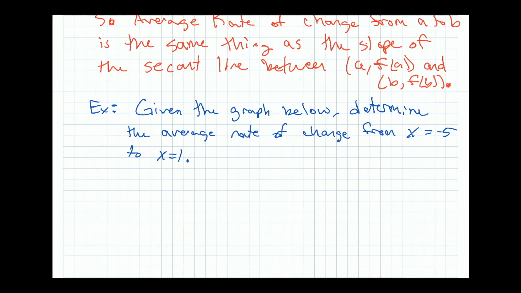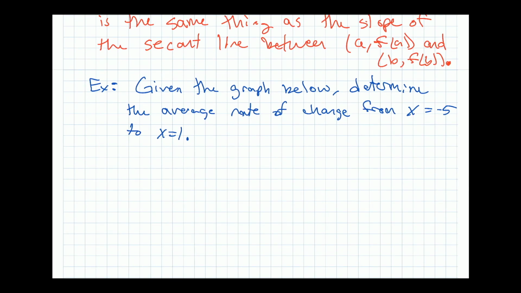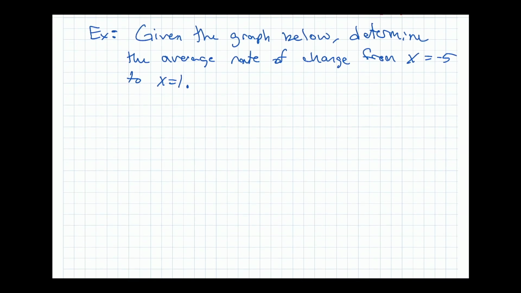Okay? And yeah, so let's do that. So I'm going to draw the picture here, and then once we have the picture, we're going to actually be able to solve the problem. So the picture looks about like this.